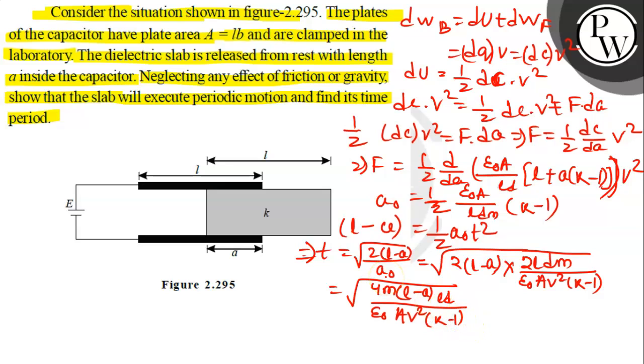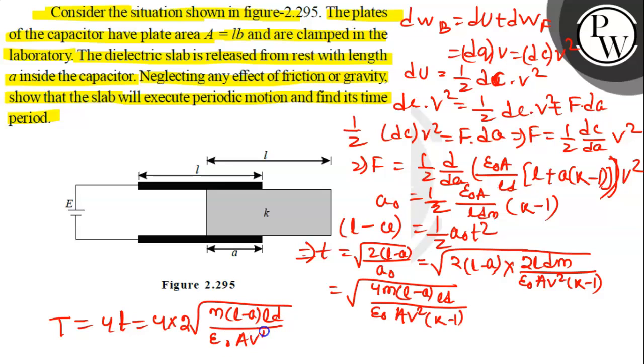For the complete cycle, the time period will be 4 times the time taken for covering the distance L to a. So the time period T is 4t, which will be 4 into 2 root over of m into L minus a into L d divided by epsilon naught A V square into K minus 1.